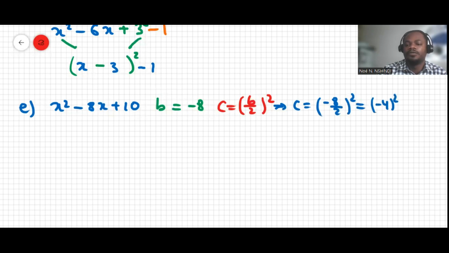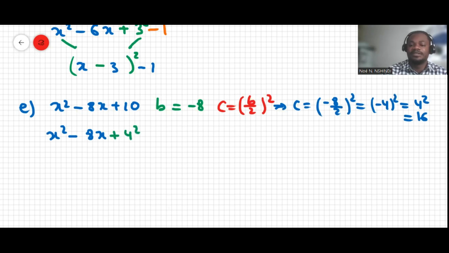Negative 4 to the power of 2. This is equal to 4 squared. This is equal to 16. Okay? So that makes what? x squared minus 8x. So instead of me writing 10, I'm going to write 16 here, which is 4 squared. I know that 4 squared is 16, not 10. So to get 10, I will minus 6, because you know 16 minus 6 is 10.